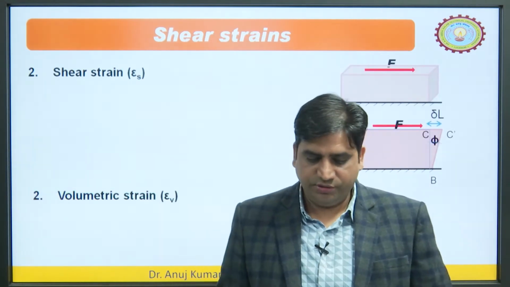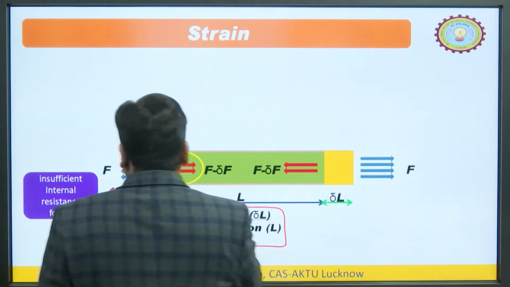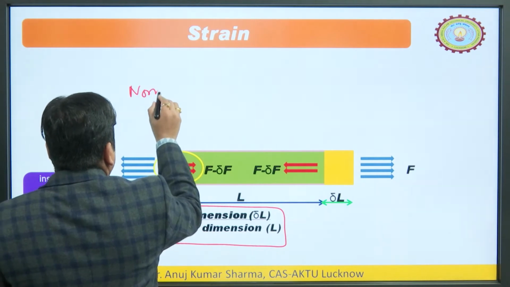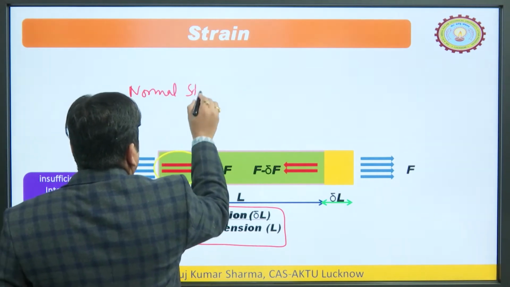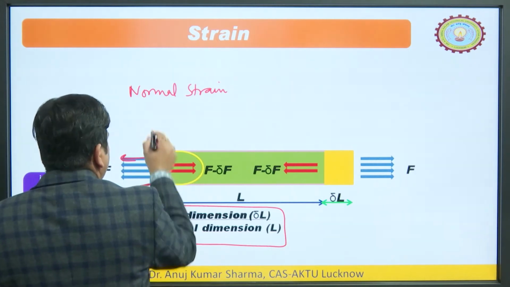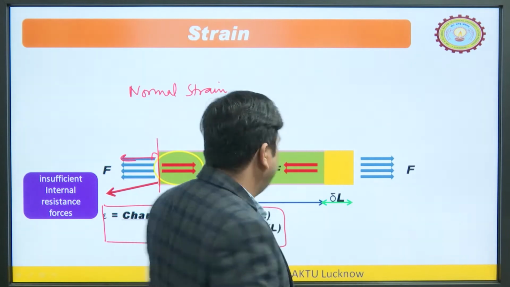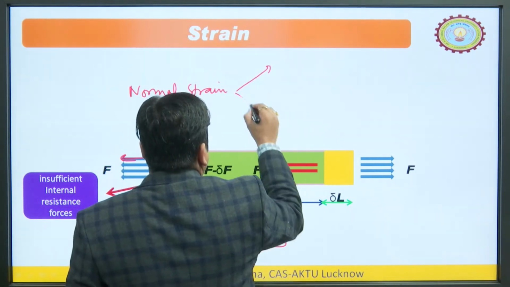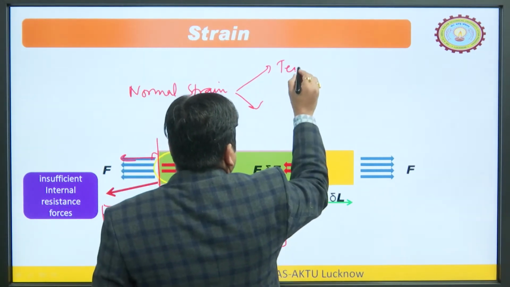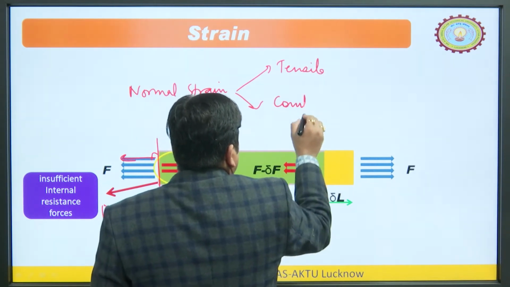So, this was the normal strain, meaning the force was acting perpendicular to this surface. That is why these kinds of strains are known as the normal strain, and normal strain may be of two types. One is tensile and another is compressive.